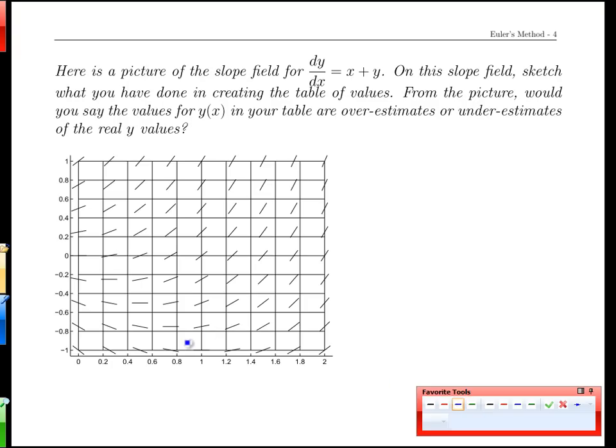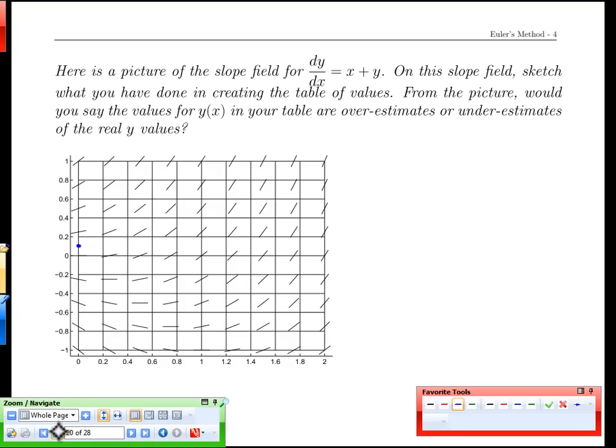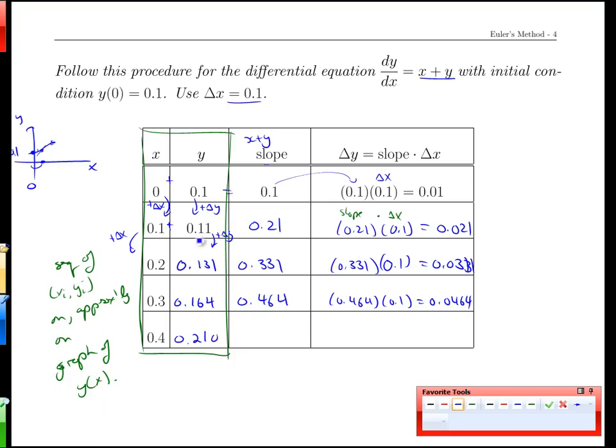Here's the zoomed in version. We started off at 0, 0.1, and then we took some steps. Now we didn't take a lot of steps, so let's just go back here a second. Notice our step size was 0.1 in x. So we had 0.1 to 0.4, and by the end we were at 0.4, 0.2.